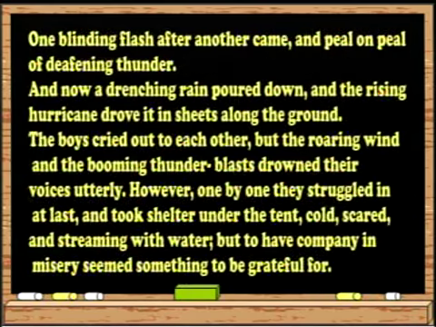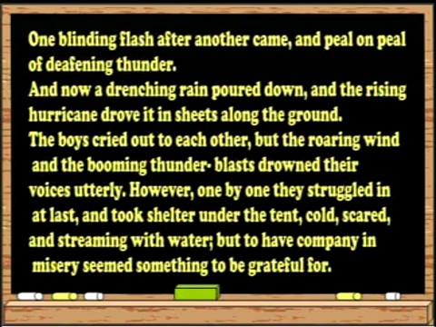One blinding flash after another came, and peal on peal of deafening thunder. And now a drenching rain poured down, and the rising hurricane drove in its sheets along the ground. The boys cried out to each other, but the roaring wind and the booming thunder blasts drowned their voices utterly.